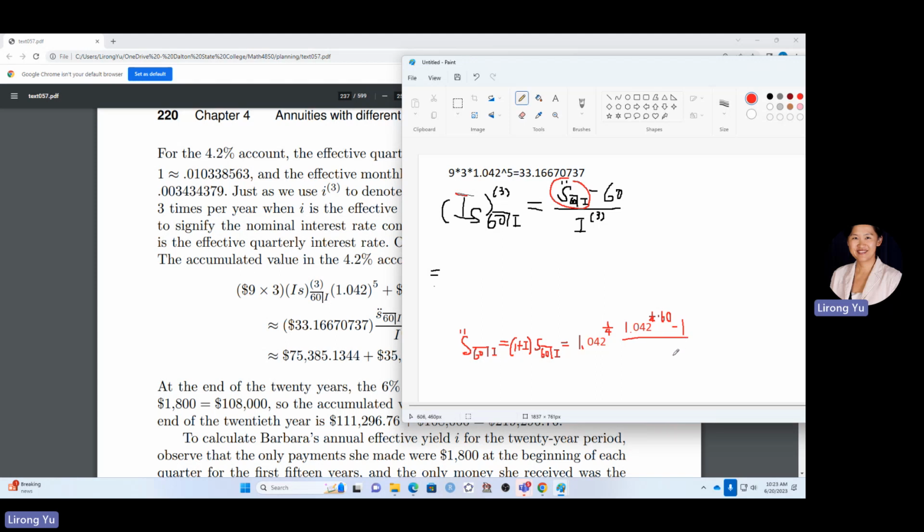And this is divided by i, and the capital I is 1.042 to the power of 1/4, minus 1. I don't have a lot of decimals marked out, but in my notes, it was 83.418. You can also double check this number using the calculator.